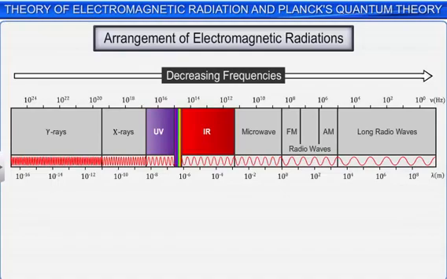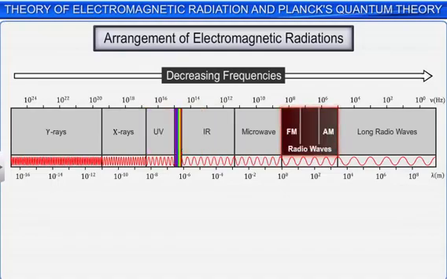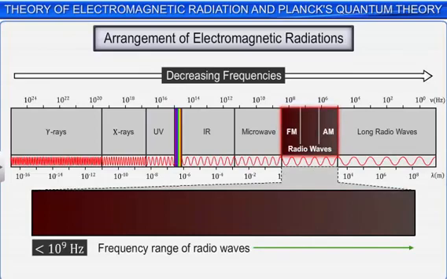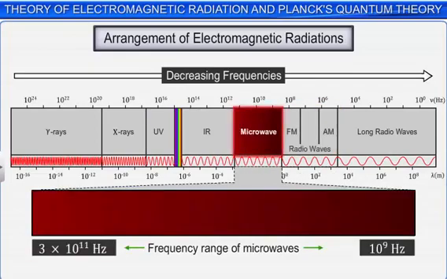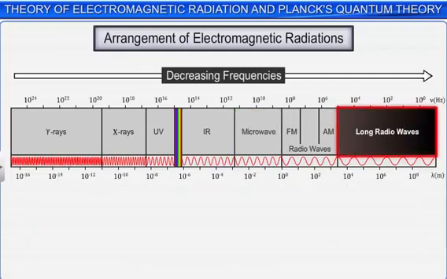Other important regions in the electromagnetic spectrum include radio waves with frequency less than 10^9 and microwaves with frequency of 10^9 to 10^11 Hz. Radio waves have the longest wavelength in the electromagnetic spectrum.